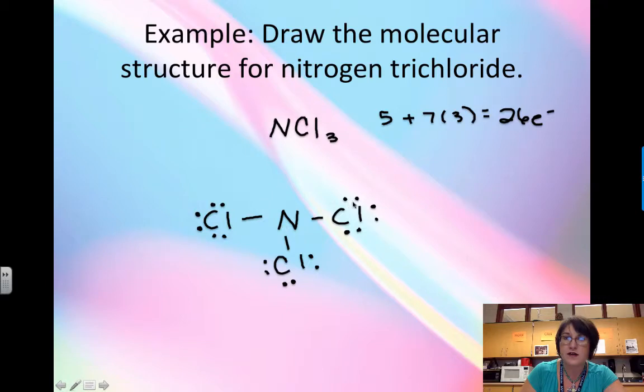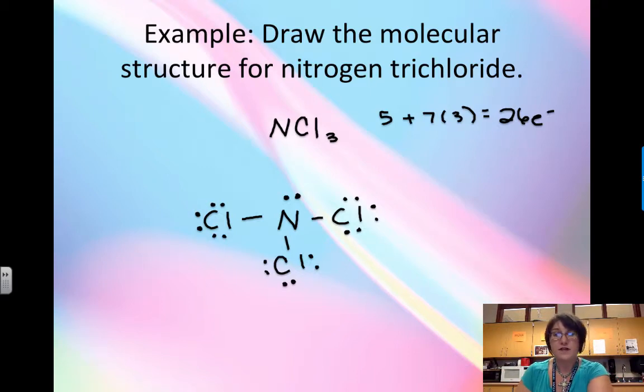So 6 here, 2, 4, 6, 8, 10, 12, 14, 16, 18, and 18 plus 6 is 24. Yeah, I can count. So my remaining 2 electrons go above the nitrogen. It looks a lot like PCl3 that we just did. And that makes sense because nitrogen and phosphorus are in the same family.